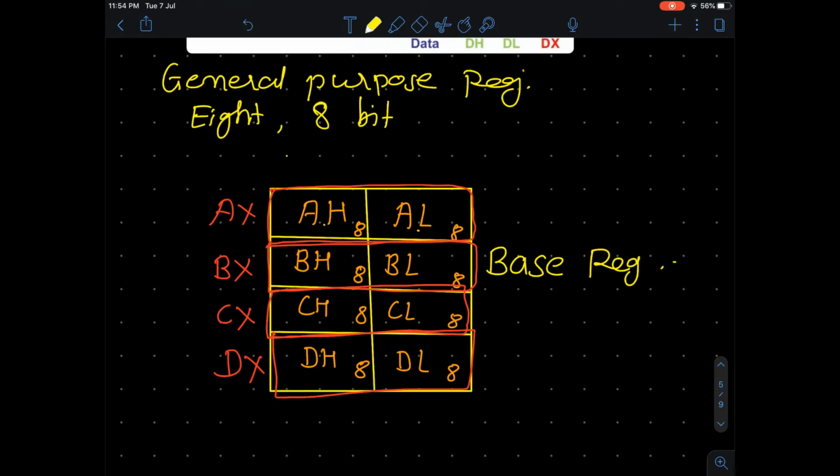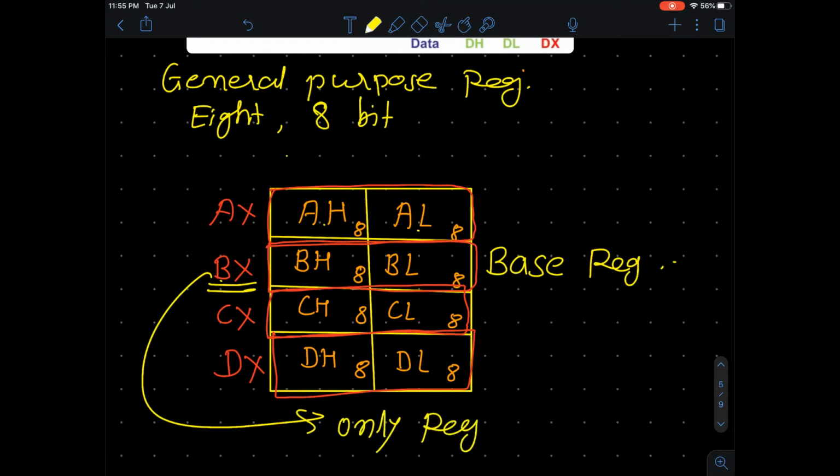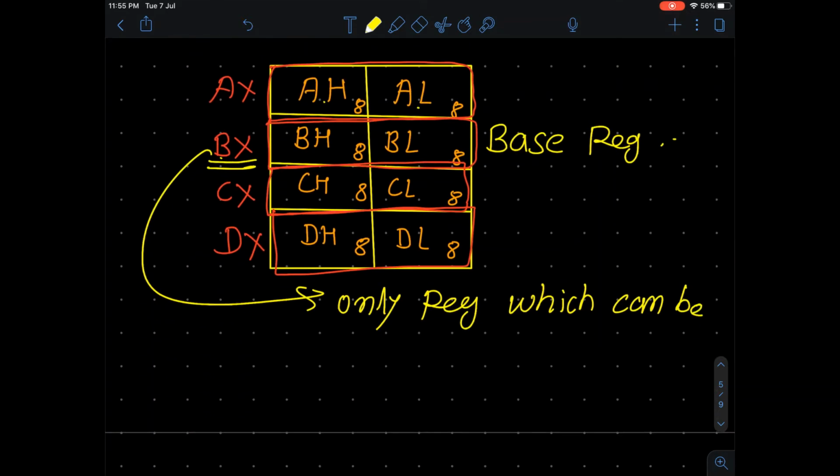But the special purpose of the BX register is that it is the only register from these four registers which can be used as a memory pointer.